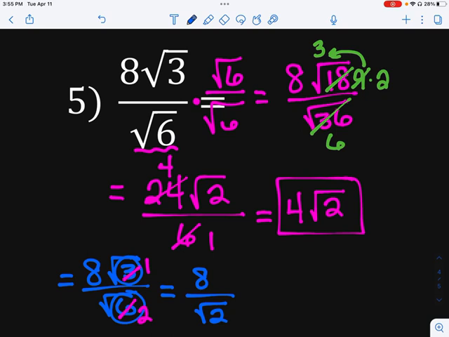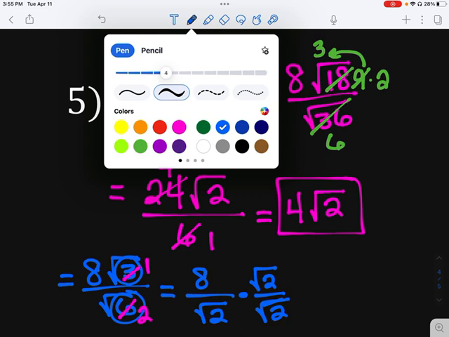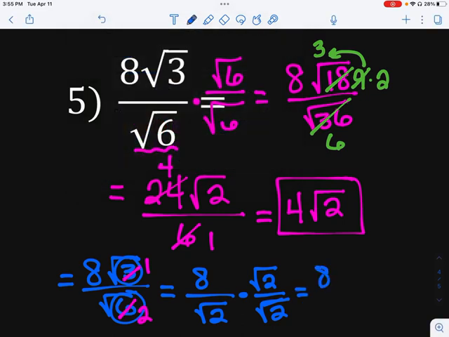Then what I can do is now I can rationalize square root of 2 over square root of 2. Now when I multiply those together, I would end up with 8 square root of 2 over the square root of 4, which when I simplify that, square root of 4 turns into a 2.